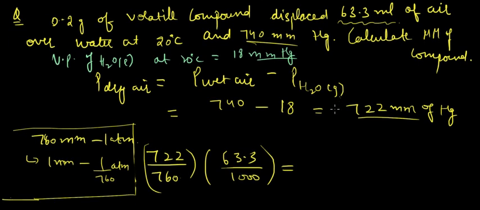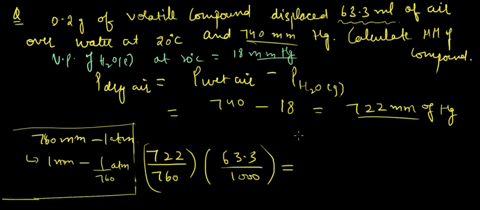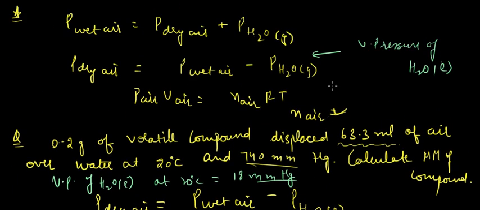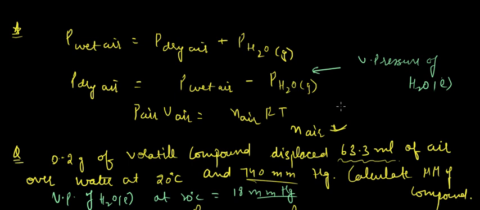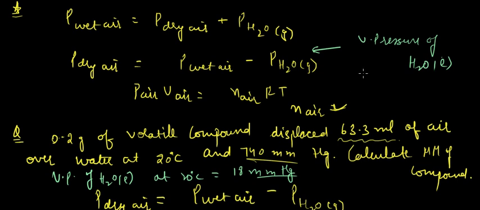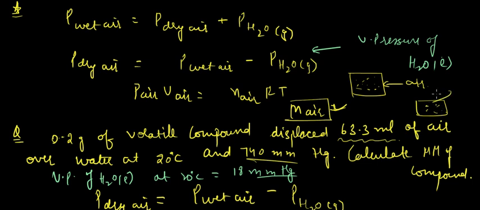As we can see, this is the volume displaced, and it would be covered up by the moles of the volatile substance. Let's suppose in a vessel there were particles of air initially, and then we have nitrogen gas also.